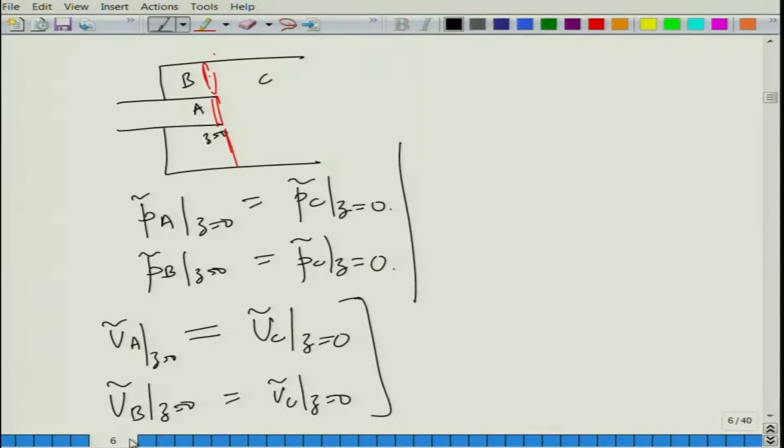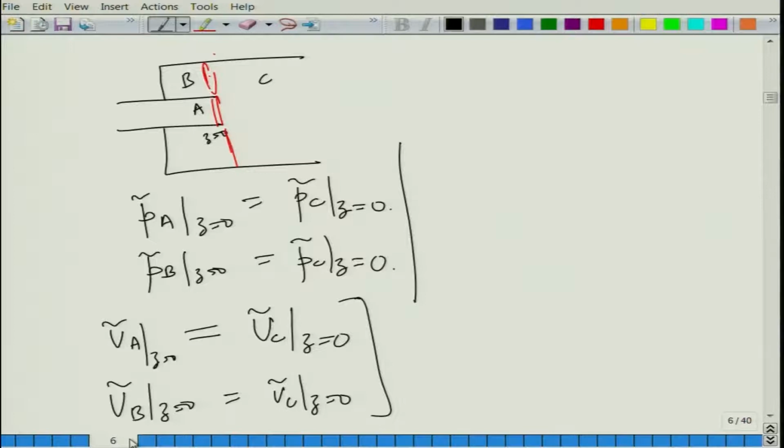We repeatedly have to make use of the orthogonality principle, rely on modal summation, multiply both sides by appropriate modal functions, integrate over a certain domain, and if they are orthogonal it is fine, if they are not orthogonal we still have to deal with them.